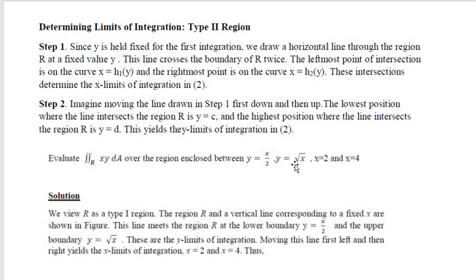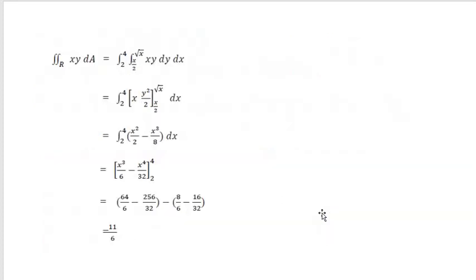Upper limit is root of x and limit of x is from 2 to 4. So the double integral over R x y dx dy can be written as integral 2 to 4 integral x by 2 to root x x y dy dx. So first integrate with respect to y and then with respect to x, so we get 11 by 6.